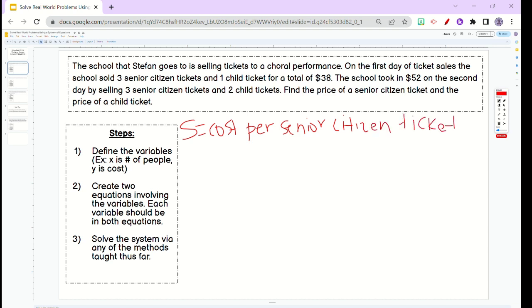And then C is the cost per child ticket.